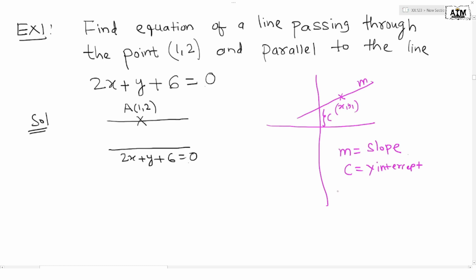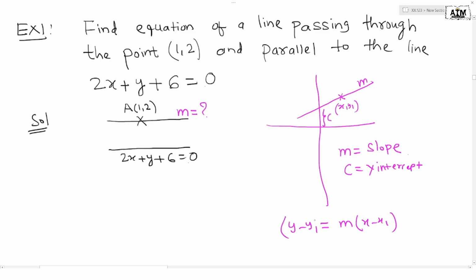And to find the equation of the line, we need to have the slope of the line. Once you have the slope of the line, you can apply the one point formula. What is the one point formula? y minus y1 equals m multiplied by x minus x1.